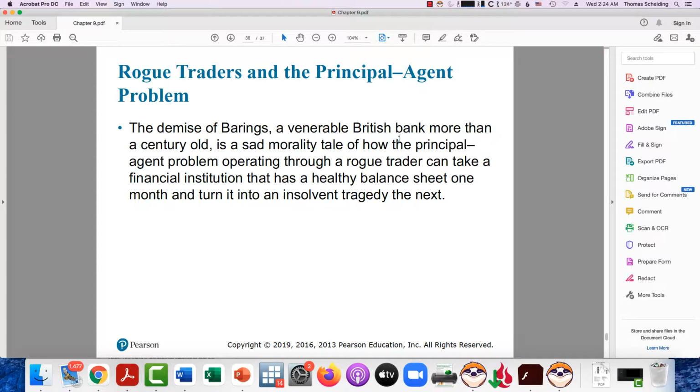But that trader in the Asian operations of Barings, the British bank, basically made a bunch of really bad bets. And those bets in the markets went bad. And it caused the entire bank to fail, because Barings did not manage the investment activities of that trader.